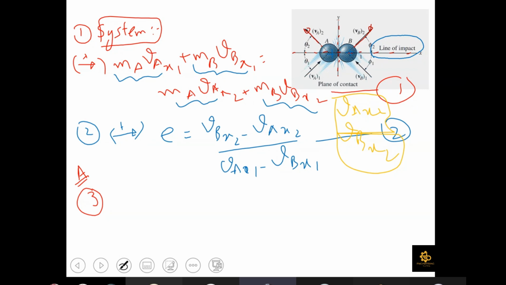Let me repeat: is there any impulse acting on particle A along the plane of contact during this collision? The impulse of B, either the deformation impulse or the restitution impulse, is acting along the line of impact. So if it is acting along the line of impact, is there any other impulse acting along the plane of contact, the y-axis?